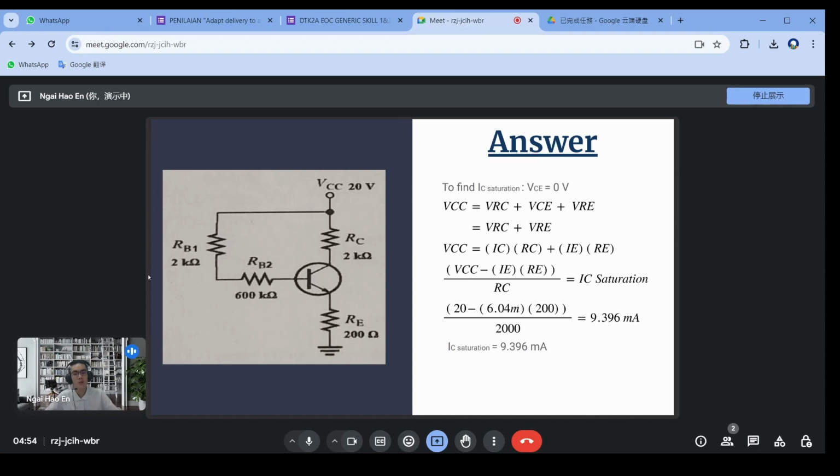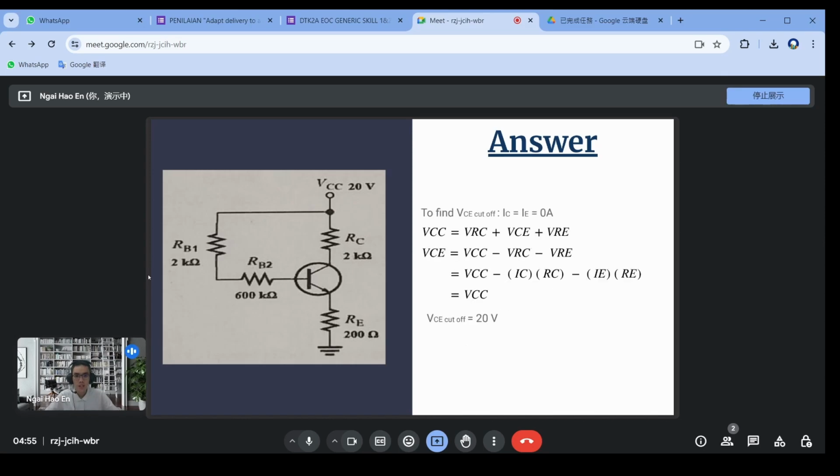Substituting VRC as IC times RC and VRE as IE times RE, and rearranging, IC saturation is equal to VCC minus IE times RE per RC. Substituting the values we got just now, IC saturation is equal to 9.396 milliampere.